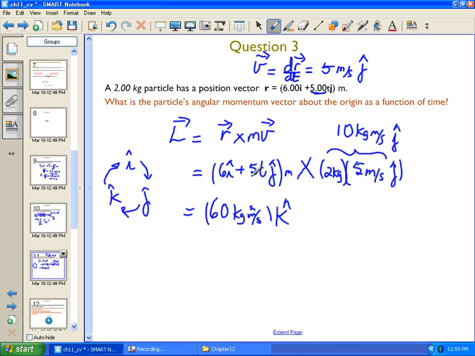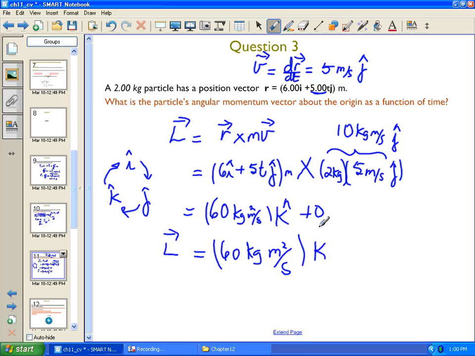Next term, 5t j hat cross 10 j hat. J hat cross j hat is 0. So here the angular momentum is simply 60 kilogram meters squared per second in the k hat direction.